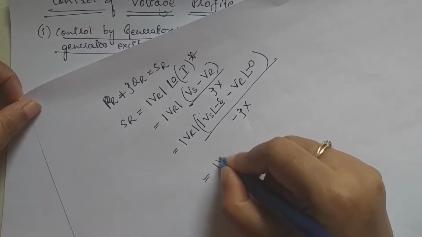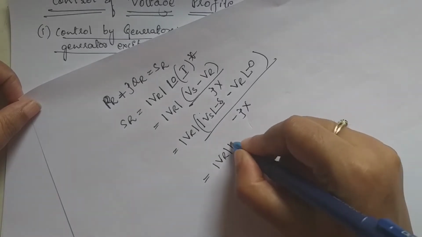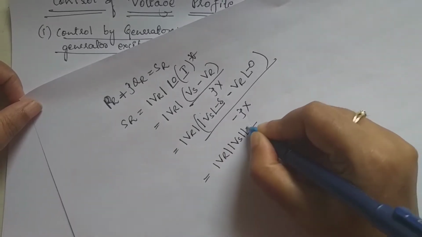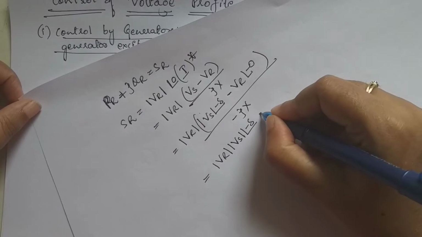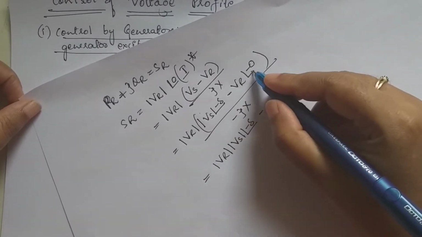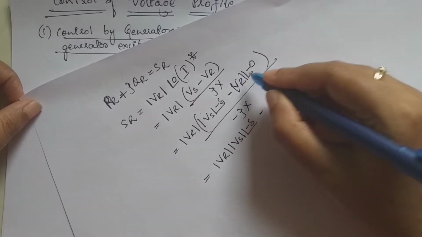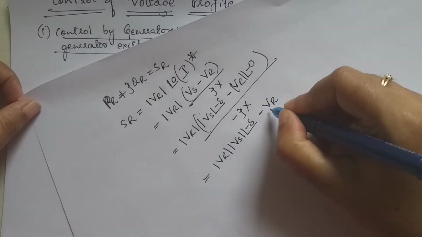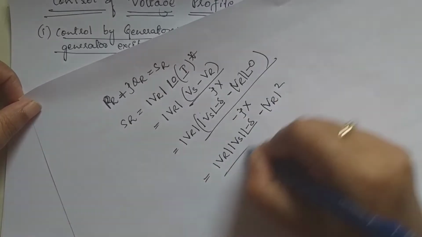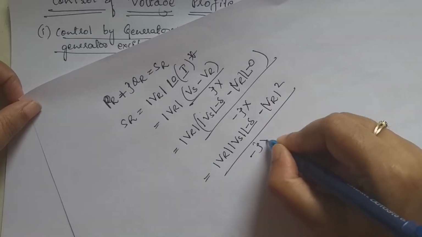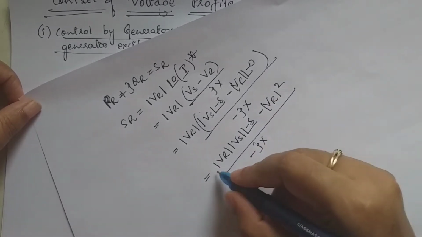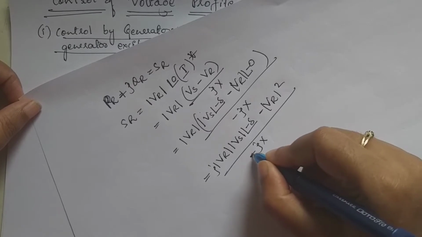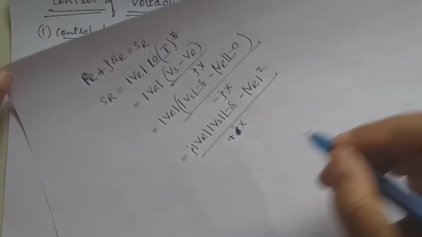So VR into (Vs at an angle minus delta minus VR at an angle 0, it is VR only). So VR into VR is VR square, whole divided by minus jX. When j goes to the numerator, minus becomes plus.